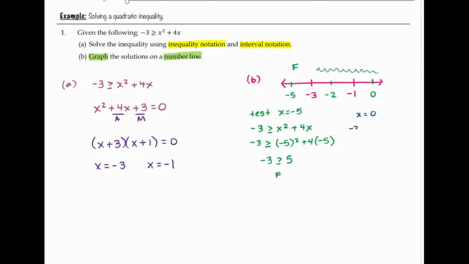Again, when you do your test, you are including it into the original inequality. And here I would have a statement that says -3 is greater than or equal to 0. Now again, this statement is false, which means that this piece here is false.